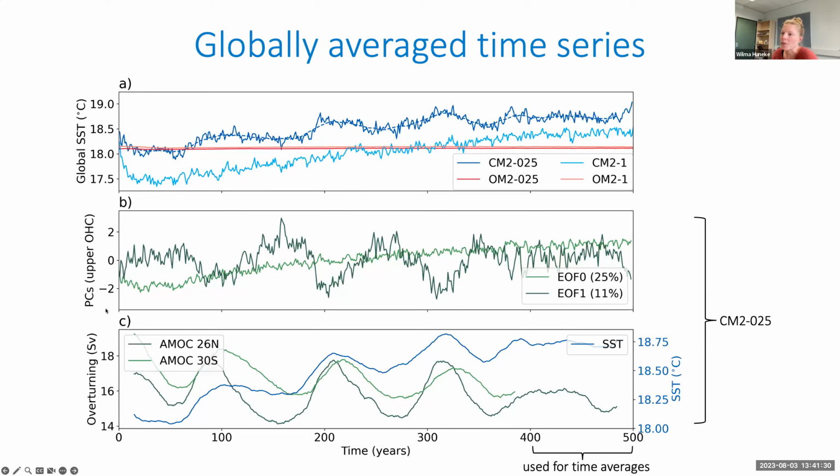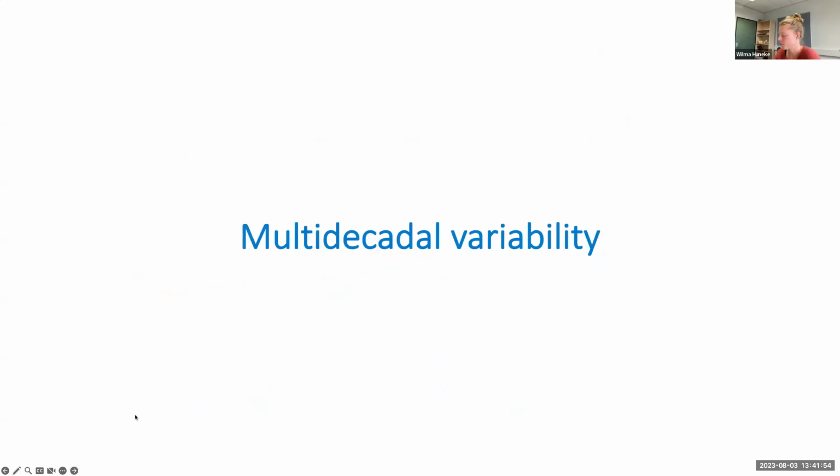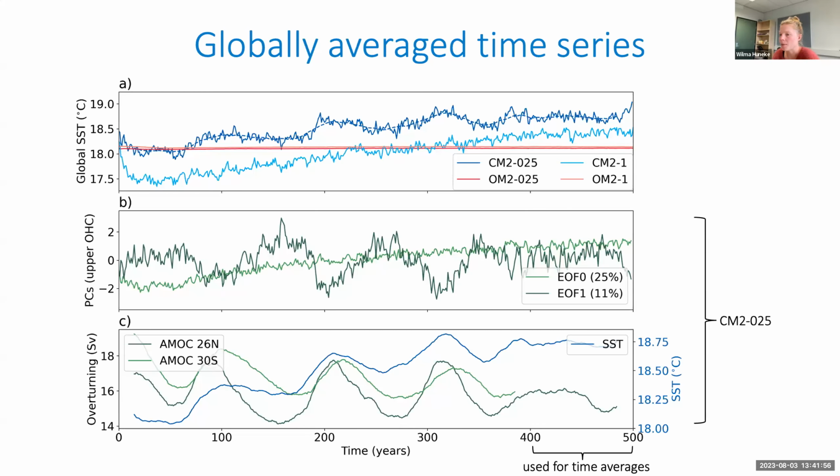And this variability is not just in the upper part of the ocean, but for example, at the bottom, I'm showing time series of the AMOC, and in the dark green, it's at 26 north. So you can see the strong variability in there as well. And that's matching pretty well in the dark blues against the surface temperature, the same frequency.